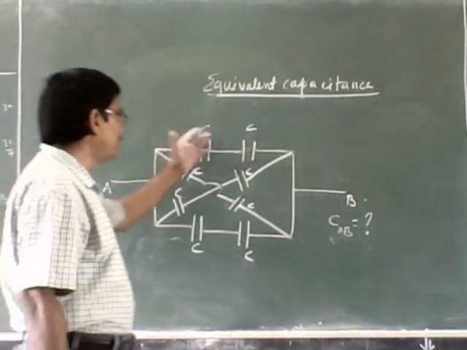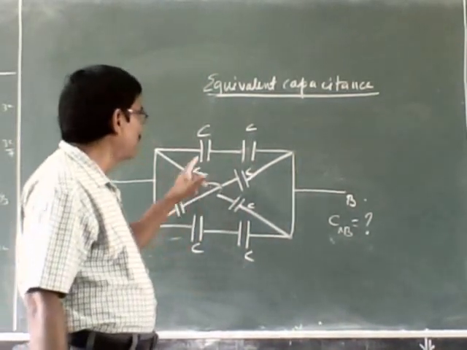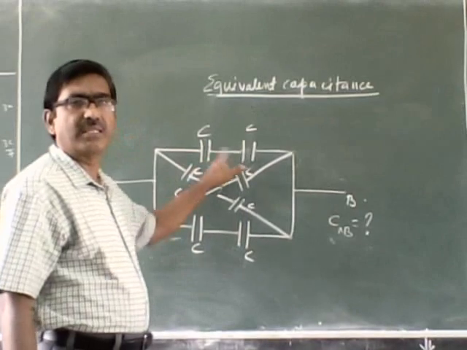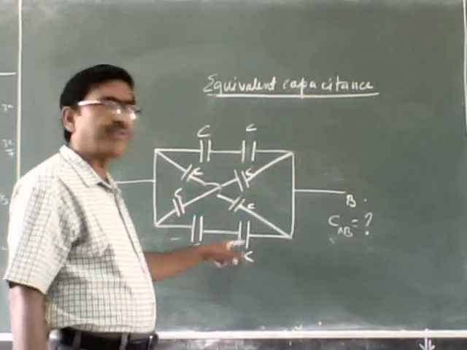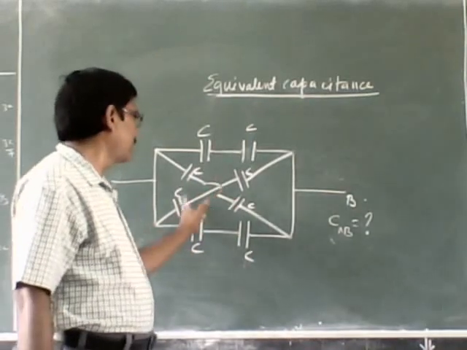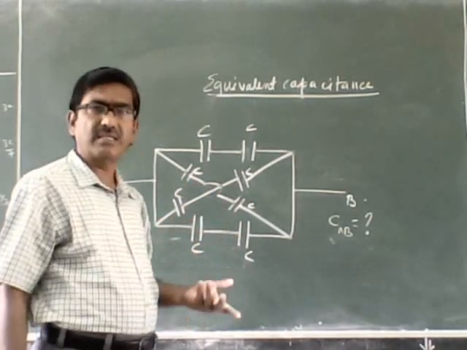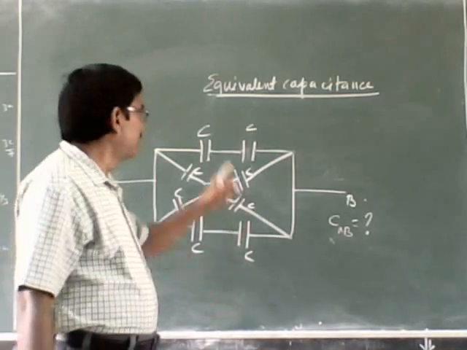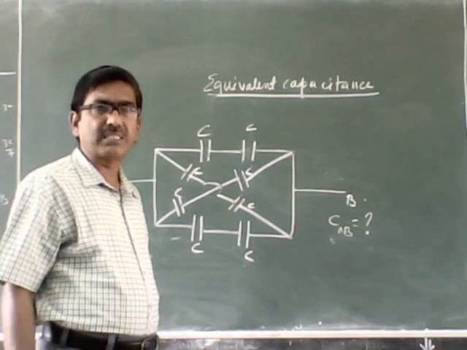Here also we can use the potential method. Here you see how are they connected? They are connected in series. How are these two connected? They are connected in series. So if they are C and C connected in series, what will be their net capacitance?